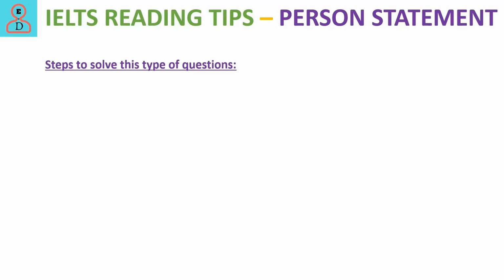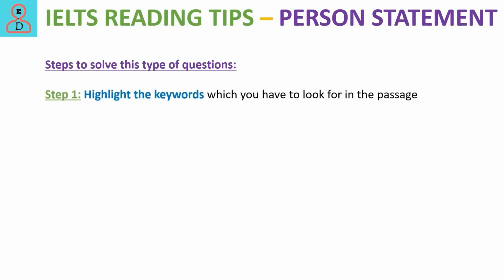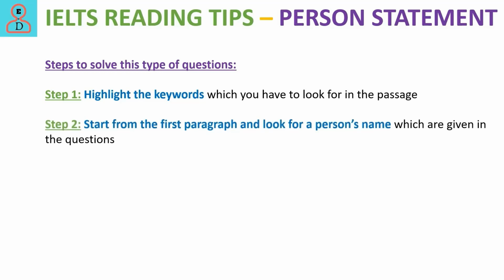Now, we will highlight briefly the four main steps involved in solving this type of question. The first step is to highlight the keywords in all the statements which you have to look for in the passage. After identifying the keywords, start from the first paragraph and look for a person's name.